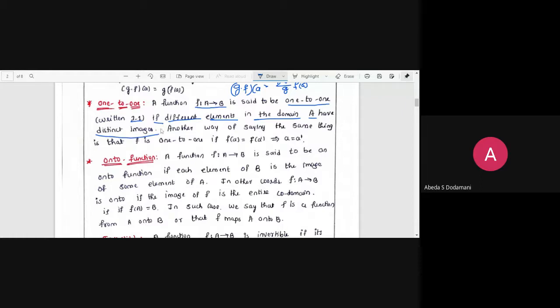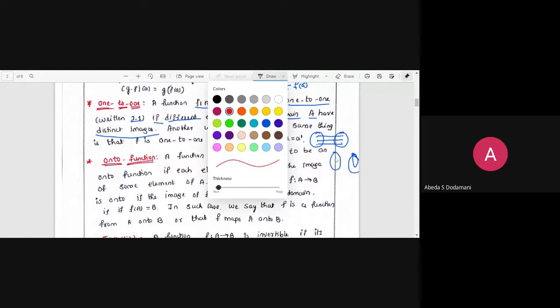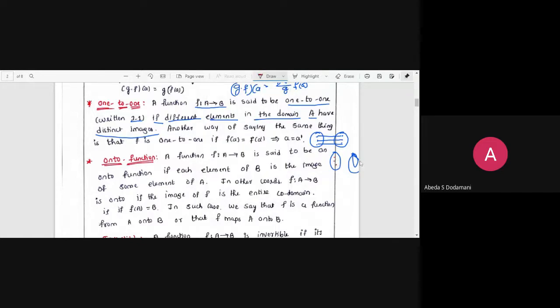Suppose here I have the set A and the set B. Here distinct elements must have distinct images. With a diagram it will be clearer. Suppose I have 3 different elements here, and 3 elements here. Suppose 1 is going to this, 2 is also going to this, and this is going to here.